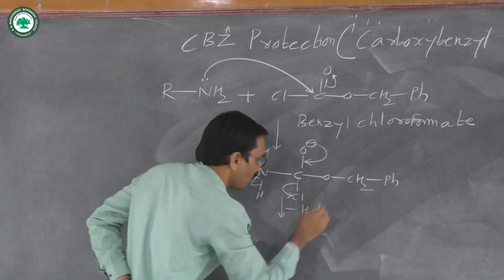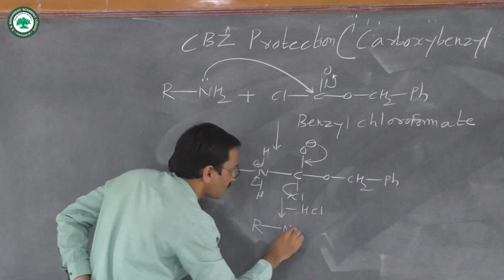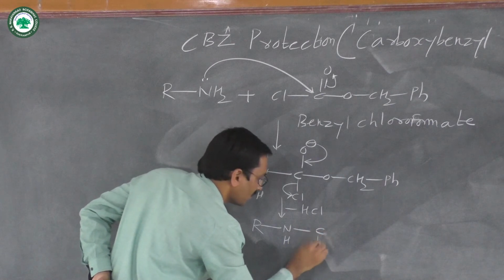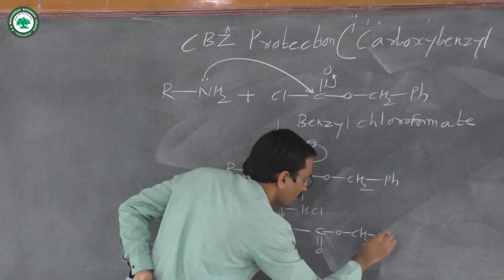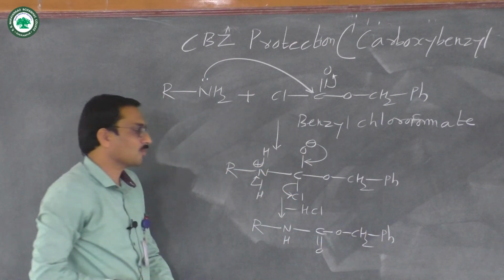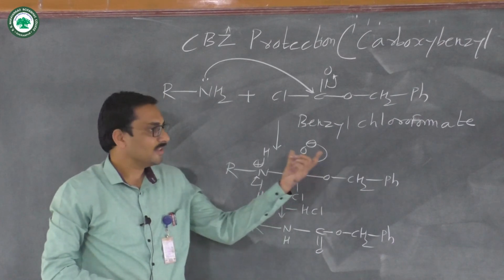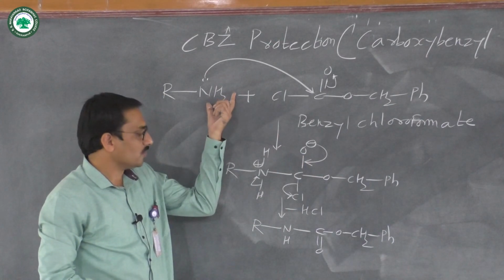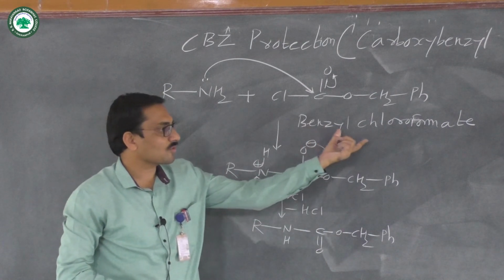There is formation of HCl, so we get RNH-C double bond O-OCH2Ph, that is the carboxybenzyl protection. In this way we protect that NH2 as a carboxybenzyl group using benzyl chloroformate.